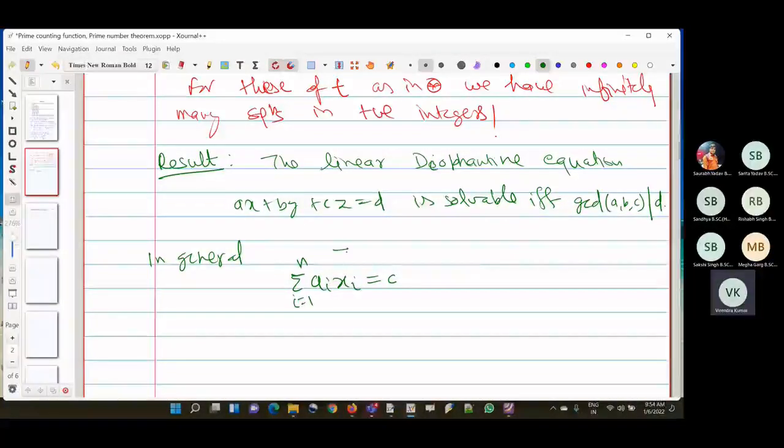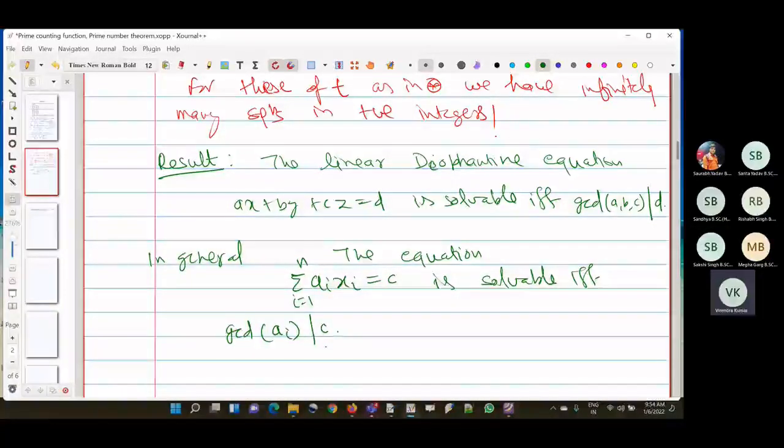In general, because we are interested in integer solutions, this linear Diophantine equation, the sum of a_i x_i equals c for i equals 1 to n, is solvable if and only if the greatest common divisor of the a_i divides c. Okay. So this is a result.